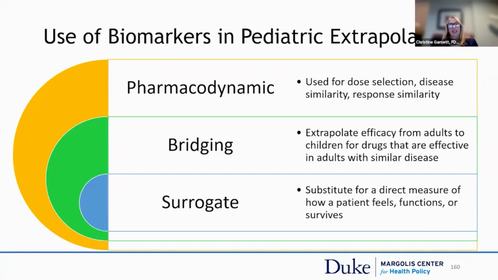Now, a bridging biomarker is more predictive of efficacy or the disease than pharmacodynamic biomarkers that are usually used in pediatric development programs for dose selection, as well as maybe demonstrating similarity in the disease or response. But it's not a surrogate endpoint. There's less confidence that it directly is a measure of how a patient feels, functions, or survives. So next slide, please.